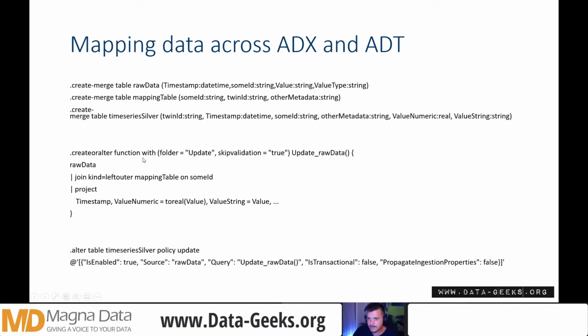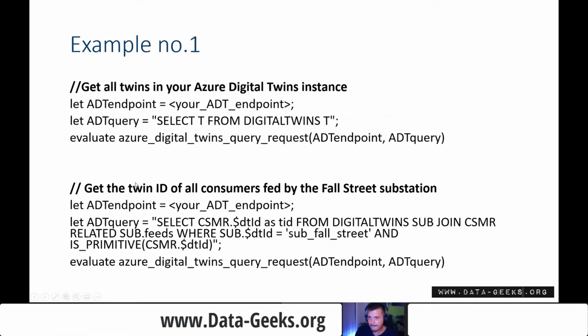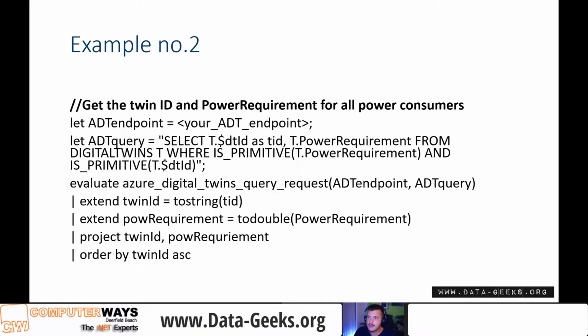So this is the mapping, this is the update policy, this is the query. And for example, in this query, you can select a group of twins, and you can extend using the twin ID, made during the update policy, with the Azure ADX data.